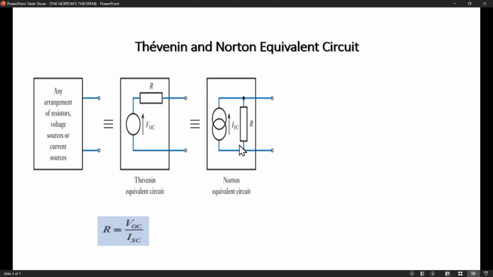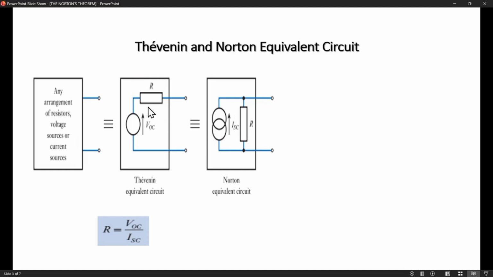So back to Norton's theorem. With this one, the resistor is not connected in series. The resistor is connected in parallel with the energy source. Here in Norton's theorem, the energy source is the ideal current of a short circuit. So their differences are: this is an open circuit, this is a short circuit.